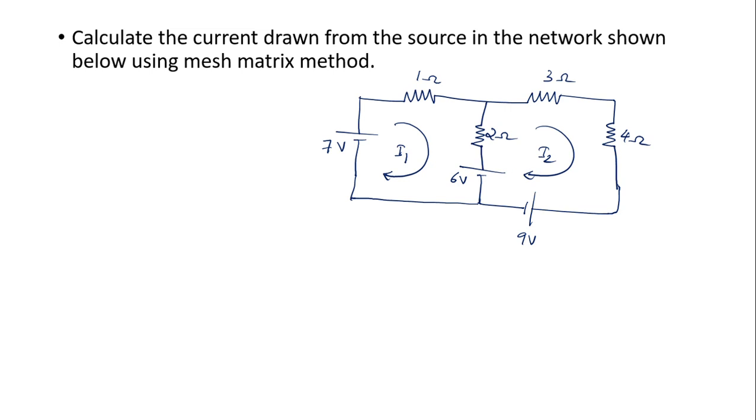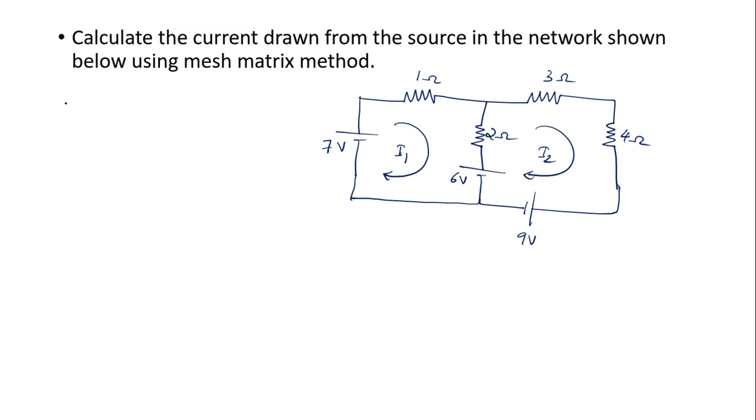Since there are only two meshes, our matrix form will be a simple form. In the mesh matrix method, the first thing you need to know is that we are converting our mesh equations into a matrix form.